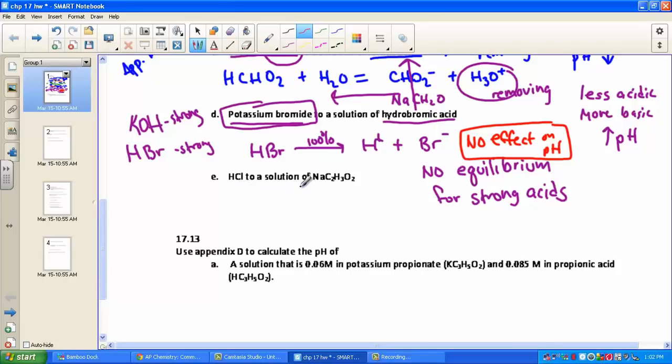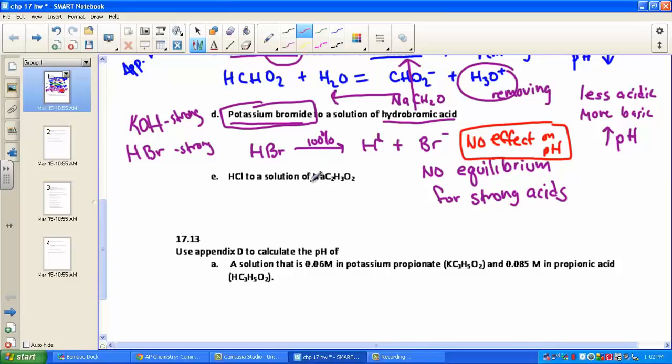HCl with sodium acetate. HCl is a strong acid. Sodium acetate is a salt. Now I do not see any ion in common, HCl and sodium acetate.